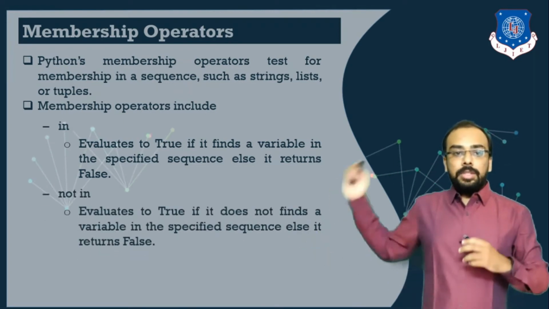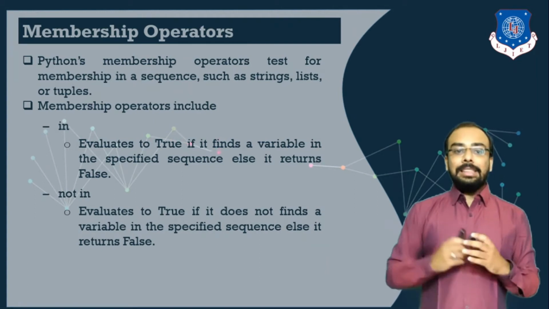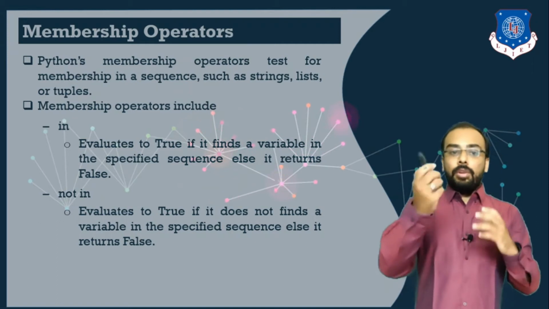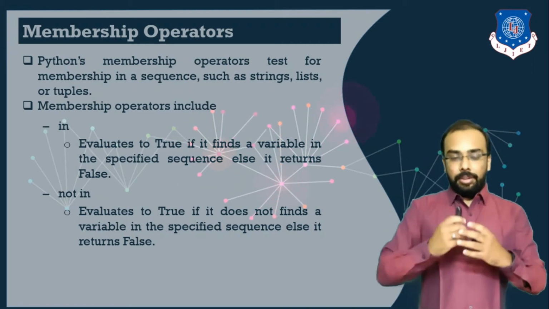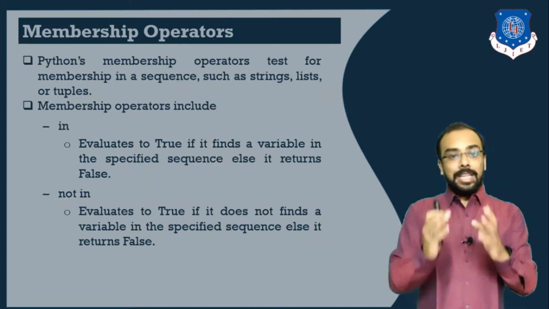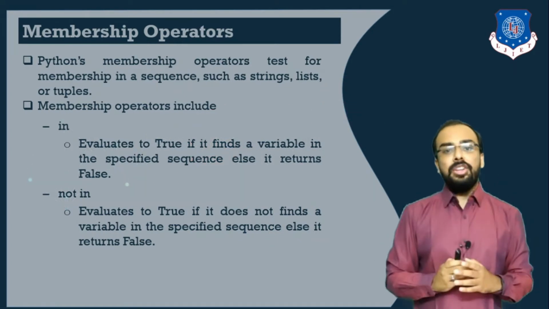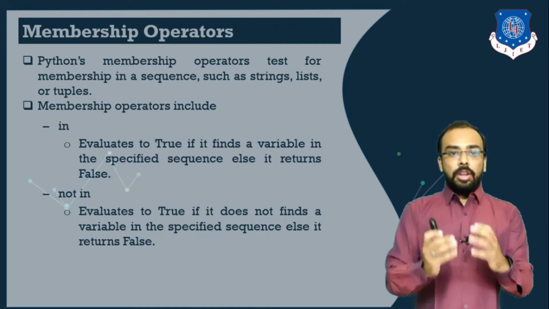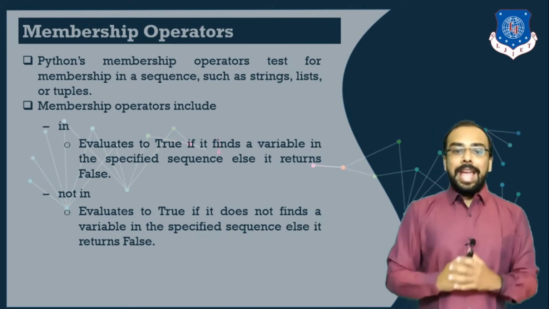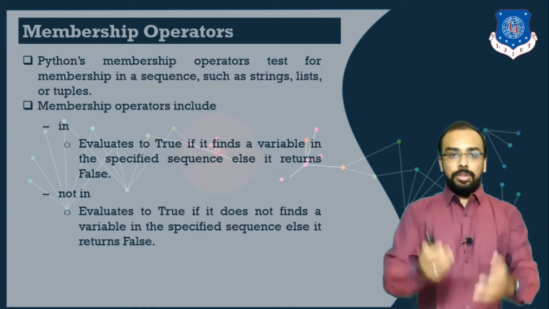The next operator is not in. It is the exact reverse of in. It will evaluate to true if a particular sequence is not present in your list, your string, or your tuple. Otherwise it will return false.